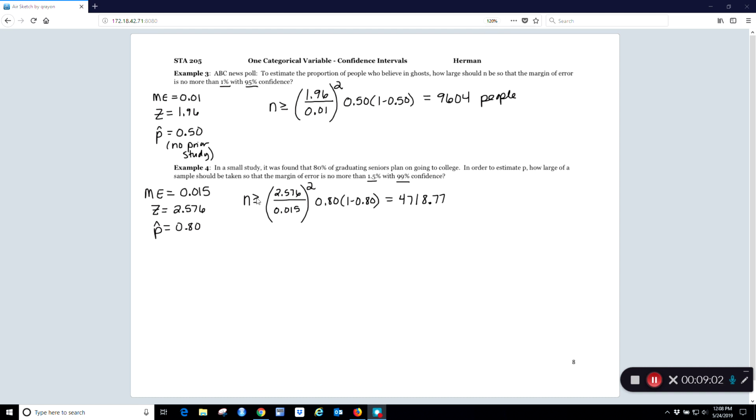N has to be at least as big as this number. So if I have to sample part of that person, even if it's only 0.01 of that person, I have to sample the whole person. So sample size will always round up to the next whole person here and sample 4,719 graduating seniors.